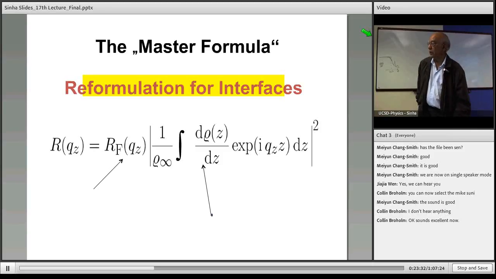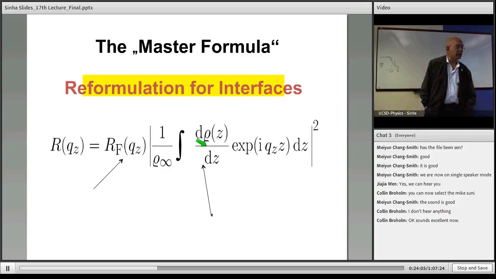The second thing I wanted to say, where did my arrow go? Oh, there it is. It's escaping. The second thing I wanted to say is that you notice that the reflectivity has the form of a modulus squared. That is unfortunate, because if it wasn't, this would just be the Fourier transform, and it would be trivial to get the density profile by simply taking R over RF and Fourier transforming the result back.